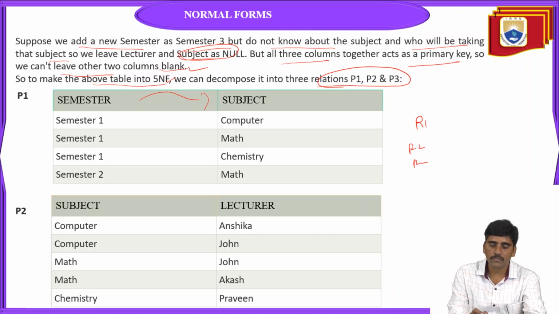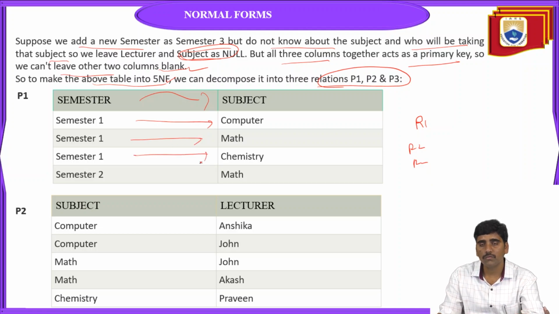So now semester 1 contains computer, semester 1 contains math, semester 1 contains chemistry. By decomposing, we can validate who will teach the computer subject to semester 1, who will teach the math subject to semester 1, and who will teach the chemistry subject to semester 1.